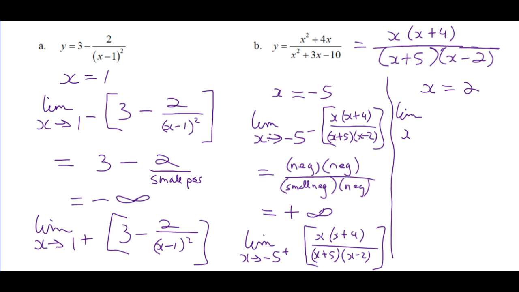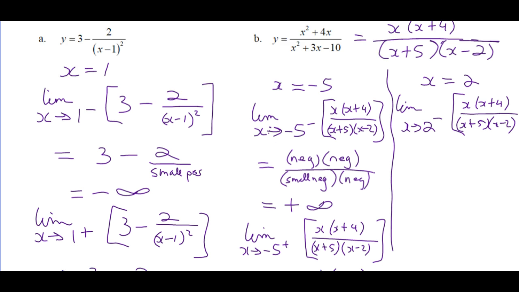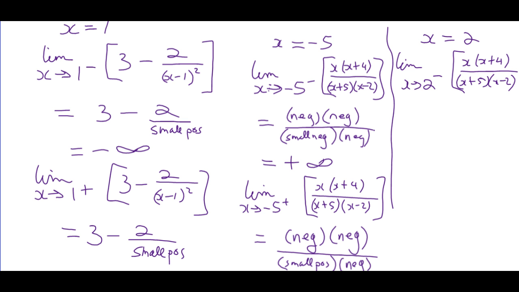So the limit as x approaches 2 from below, x times x plus 4 over x plus 5. Okay, so you can kind of look at this and say, hey, that's positive, that's positive, that's positive, right? Because that's just 2, that's going to be like around a 6, that's going to be around a 7.